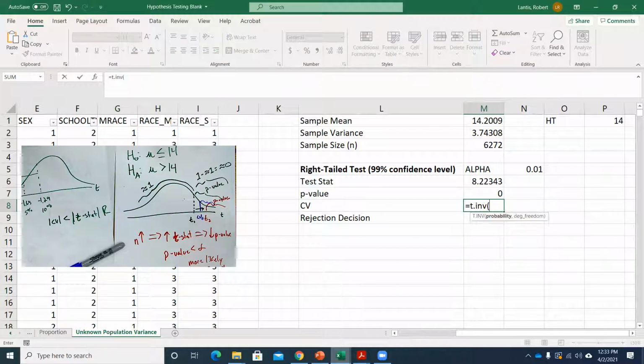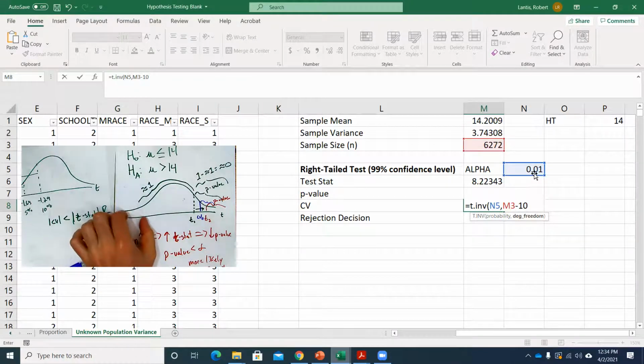I use t.inv here because I know the area I want in the tail is alpha. That probability I want is alpha. Comma, the only other thing I need is my degrees of freedom, which is the sample size minus 1. And the only issue here is if I'm looking up 0.01, that's the area in the left tail.